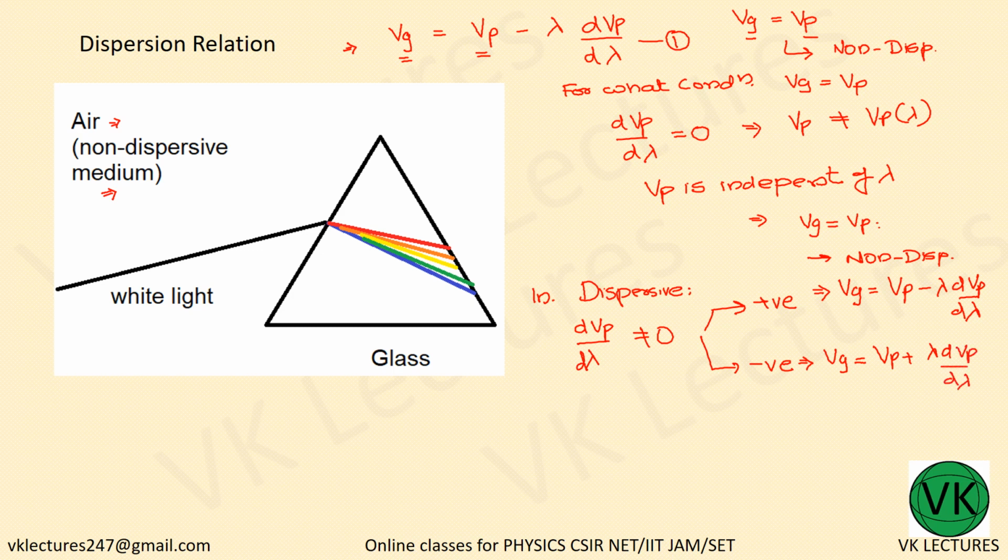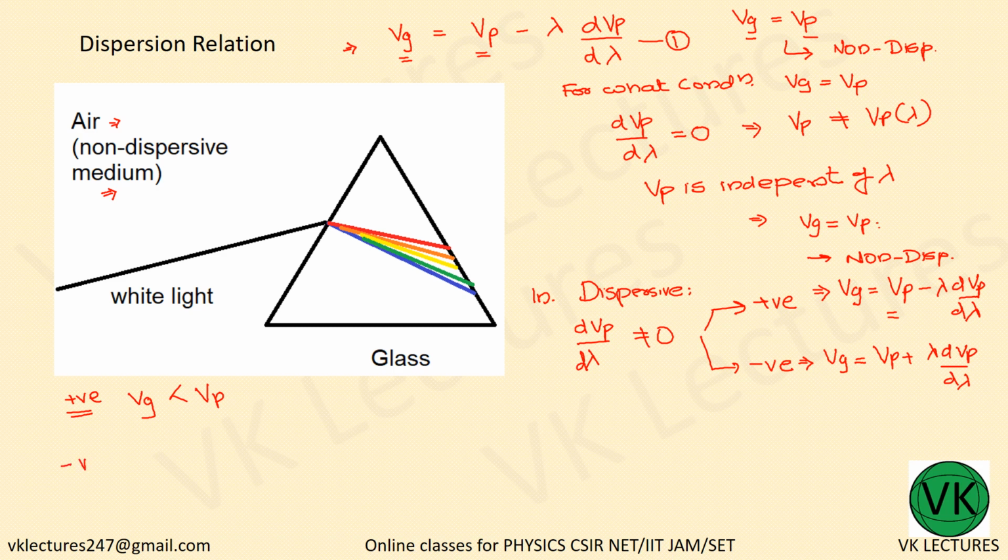Now if it is positive, take it from this equation, that is Vg equal to Vp minus lambda dVp by d lambda. You can see it is Vg equal to Vp minus something, that means Vp is greater, so Vg is less than Vp.